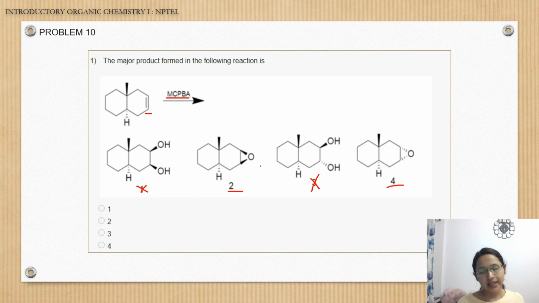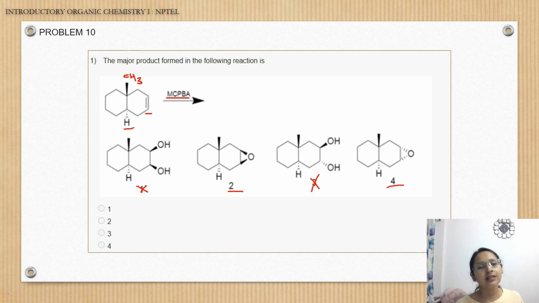Option fourth. Anyone saying option second? Option four. How option four, guys? Yes. So this methyl group is above the plane and hydrogen is below the plane.